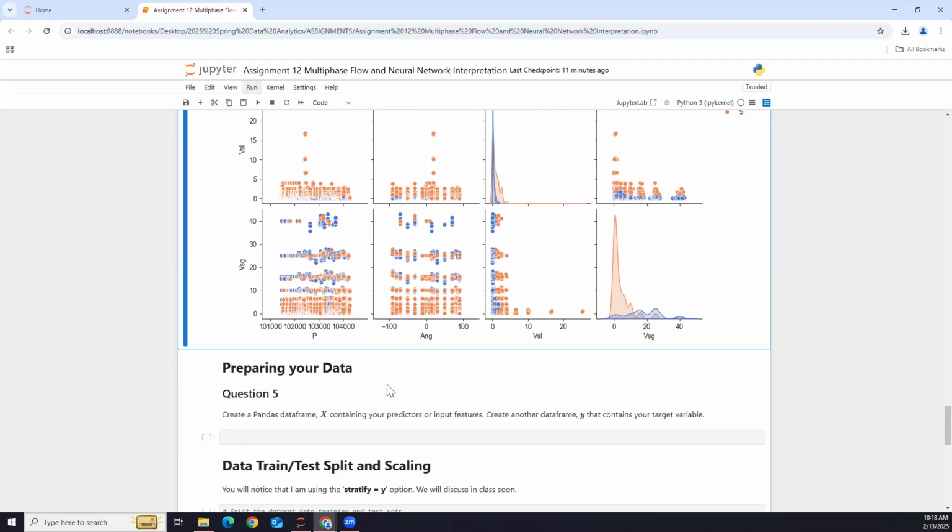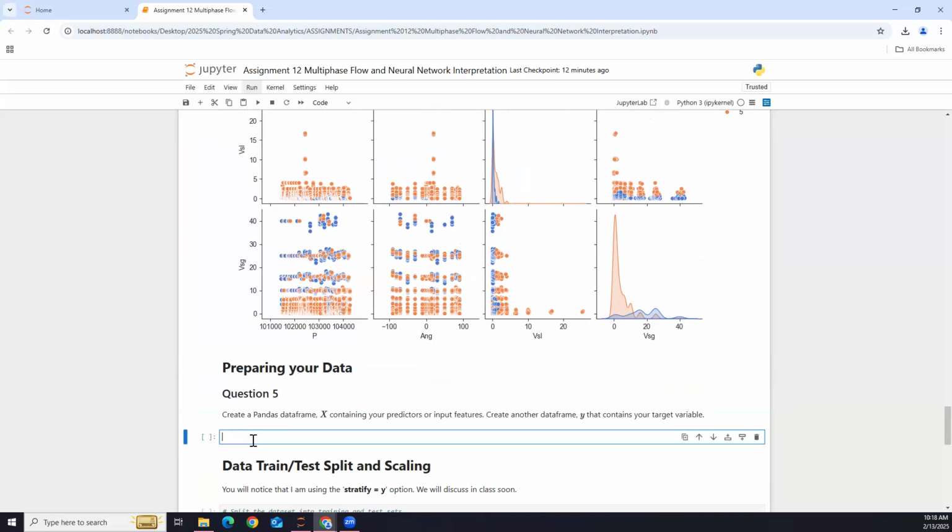Okay, so let's go ahead and think about how we can set up this machine learning problem. For that, we first need to create a data frame containing our input features. Our input features are going to be all of the variables within the data set.